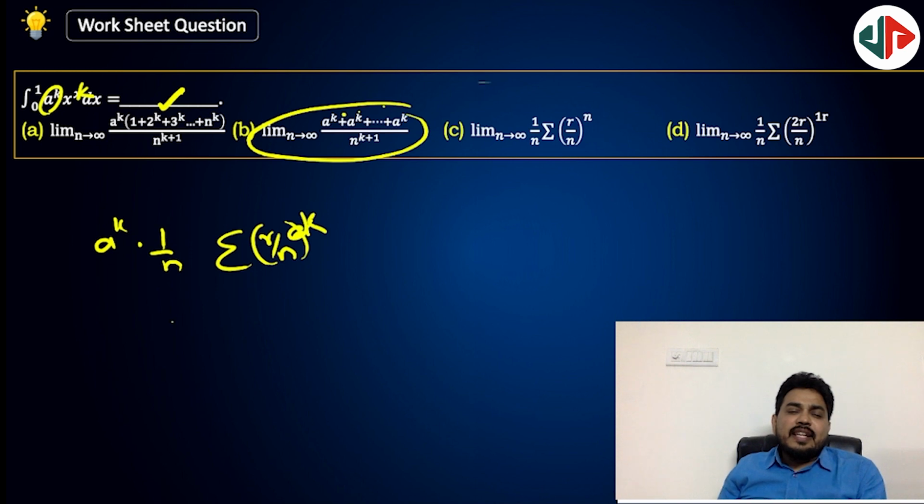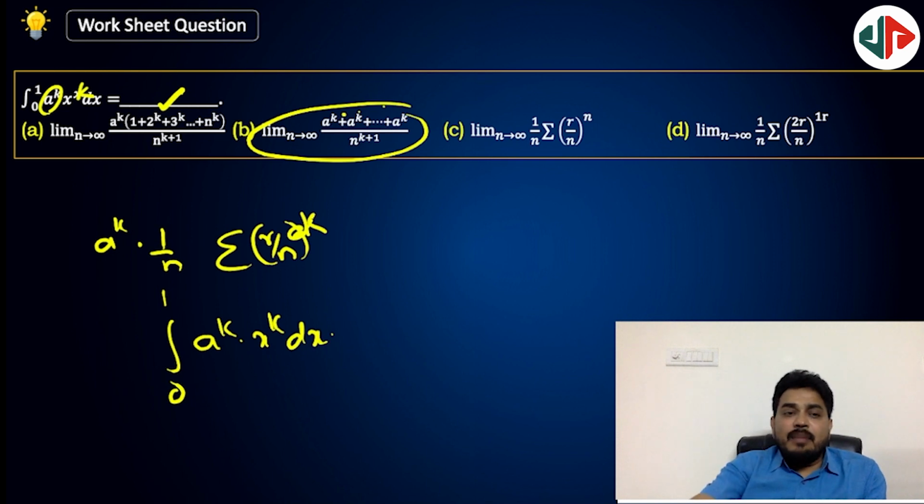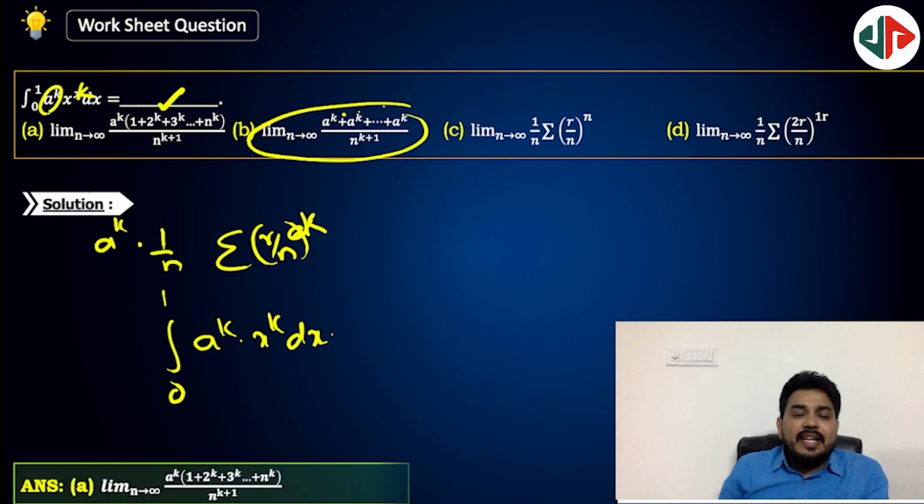So this is integral 0 to 1 a power k x power k dx will be there. So here the small correction I want to do is, here it's not x, it should be k only.